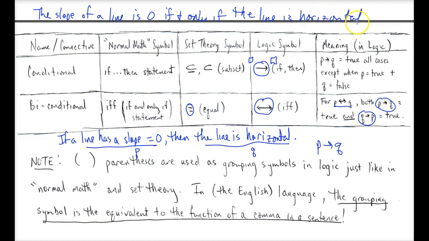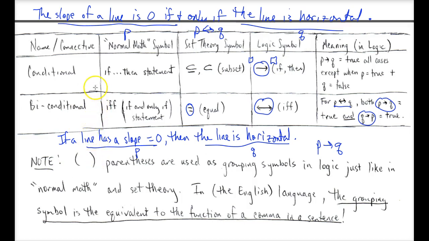Okay. So here we see this statement here is the P, this statement is the Q, and we would rewrite this way in symbol form.